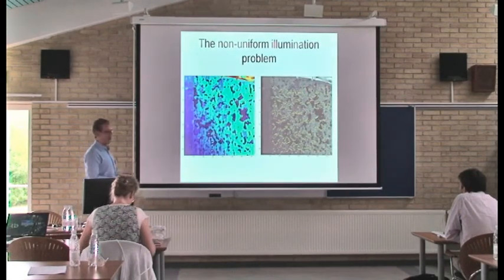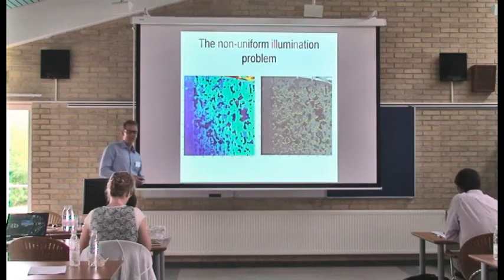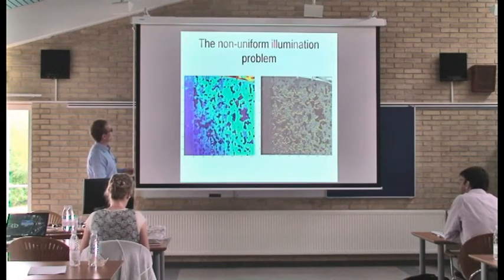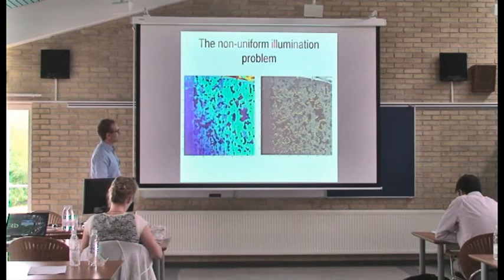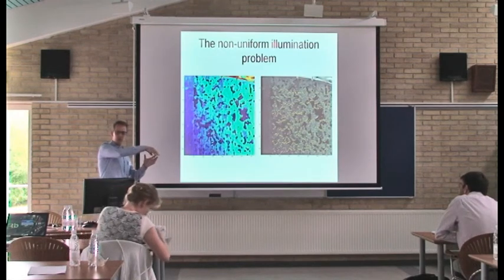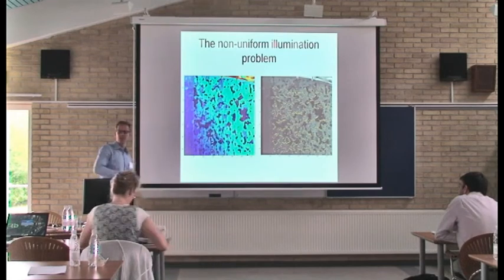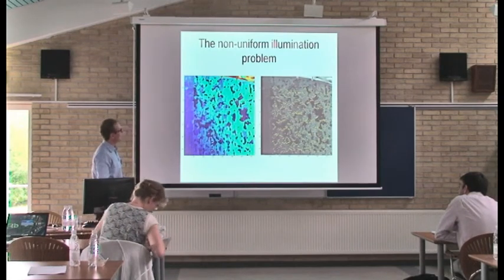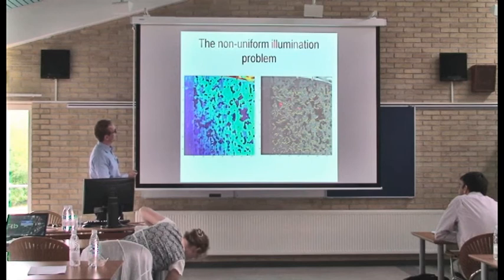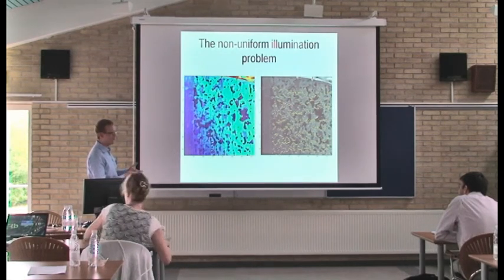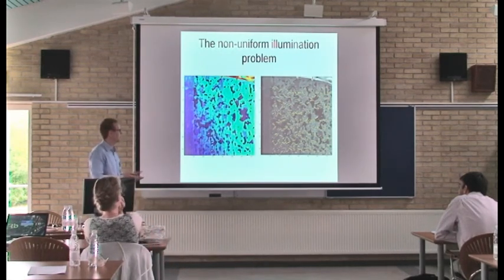As you might know from these focused ion beam tomography techniques, there's often a problem of non-uniform illumination across images because of the trenches that we mill in our samples to get access to the data that we actually want to look at. This means that the same phase in the sample might not have the same intensity throughout the sample.